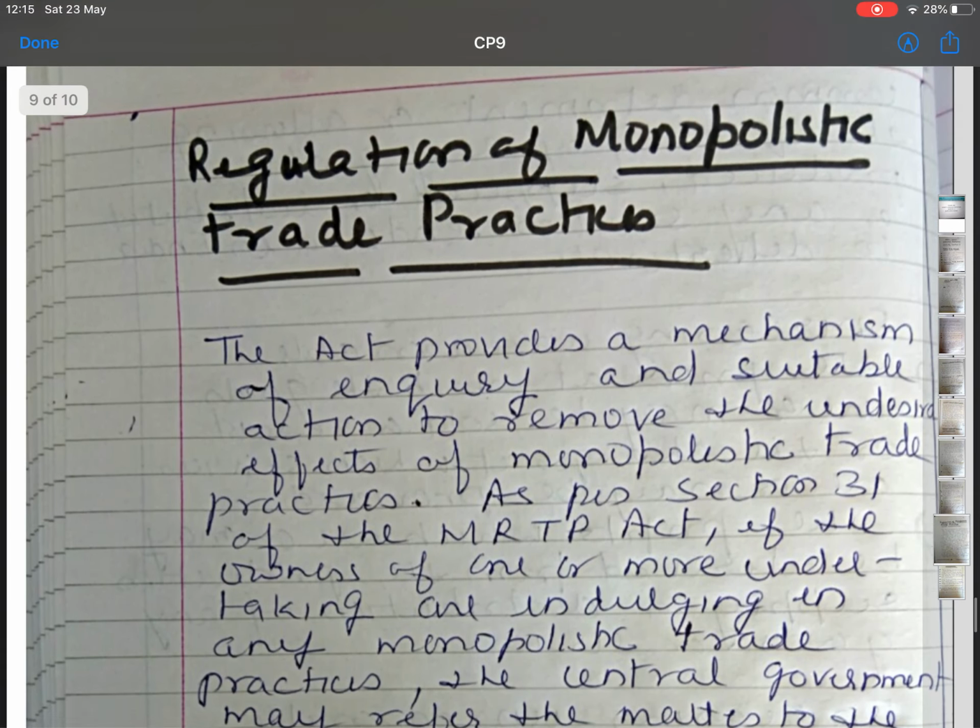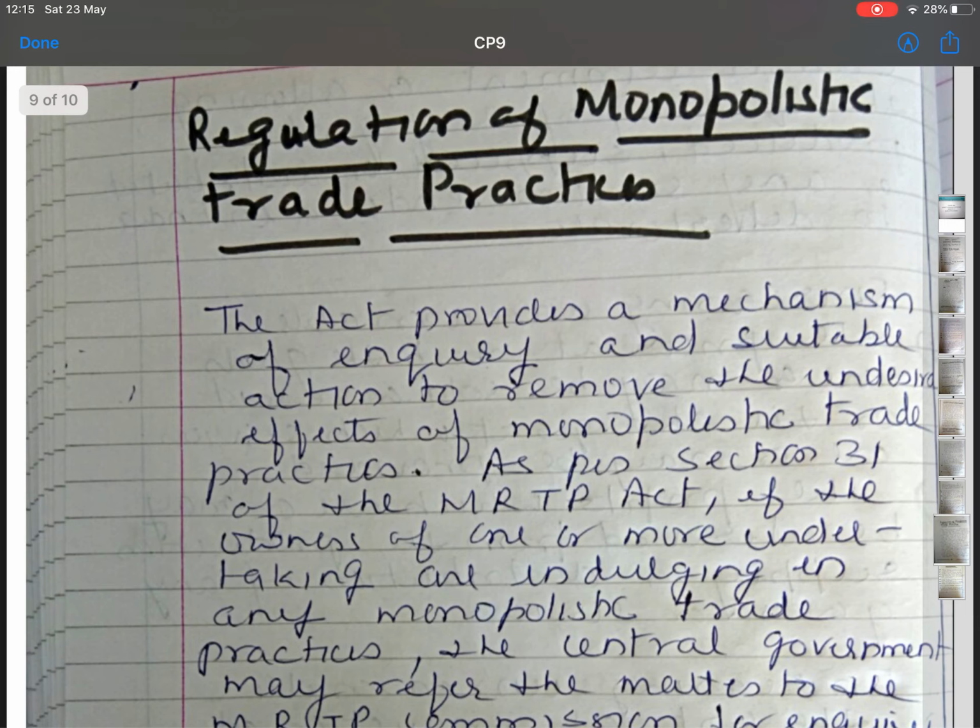Now, the next topic is regulation of monopolistic trade practices. The Act provides a mechanism of inquiry and suitable action to remove the undesired effect of monopolistic trade practices.